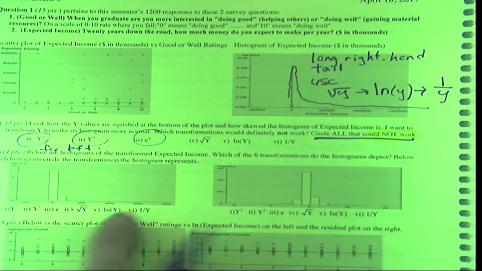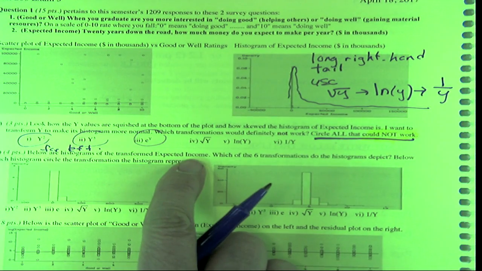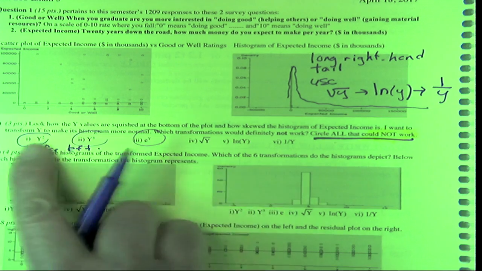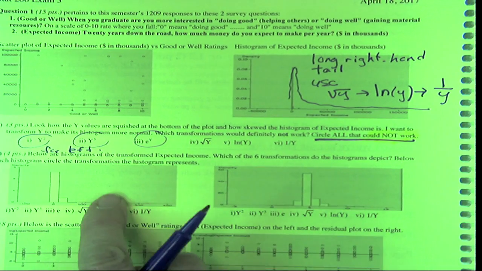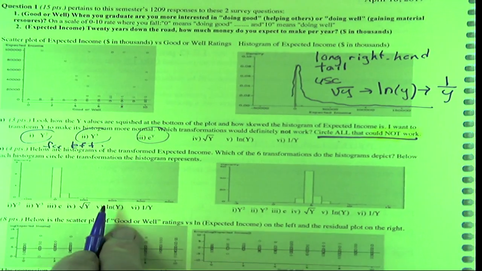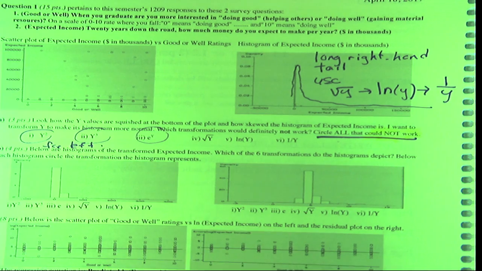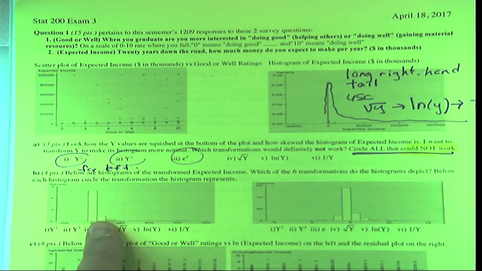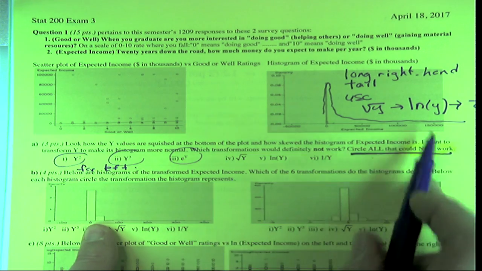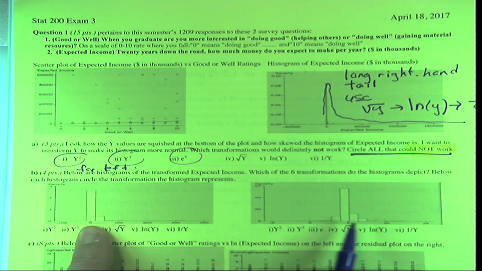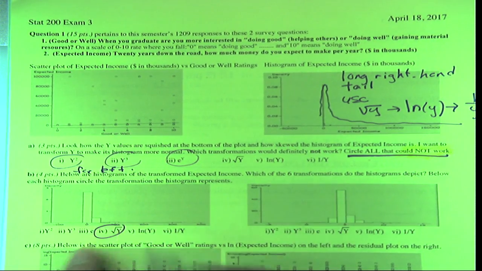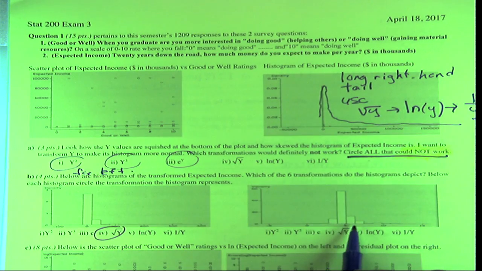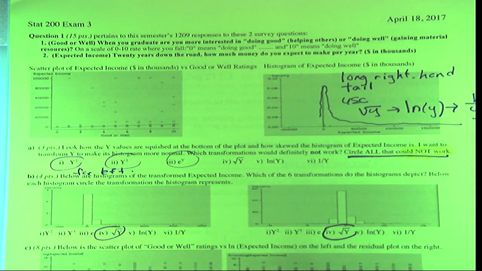Now, here's the transformed expected income. So which of these do the histograms depict? Well, you can see it helps somewhat. We can now somewhat see, it looks a little bit better. And you can see the numbers become smaller, so this must be the square root, and this must be the log, the next one.